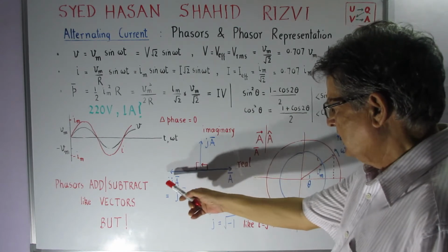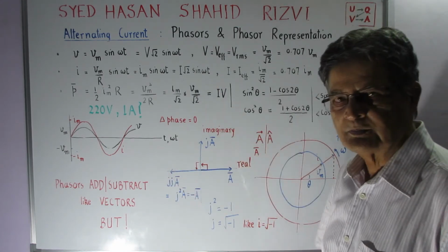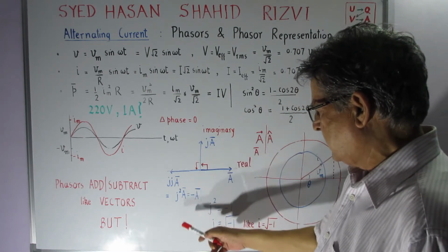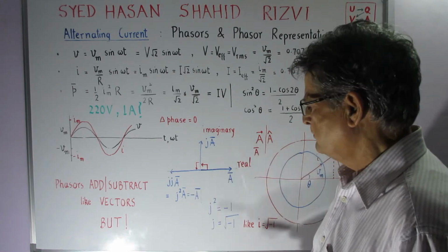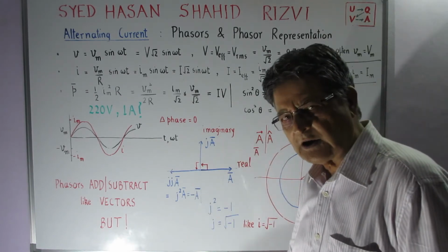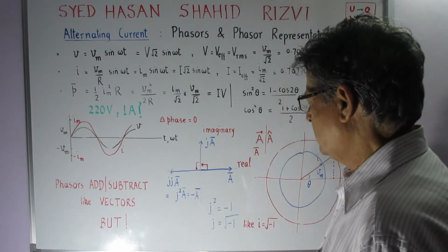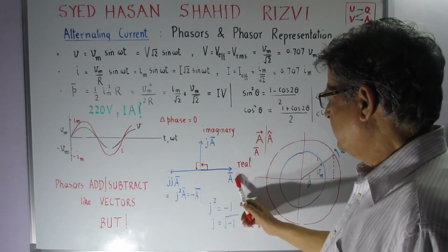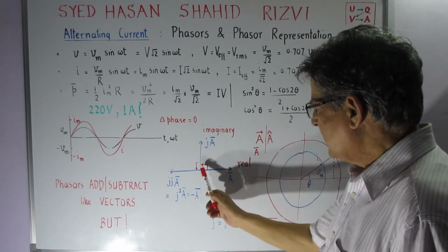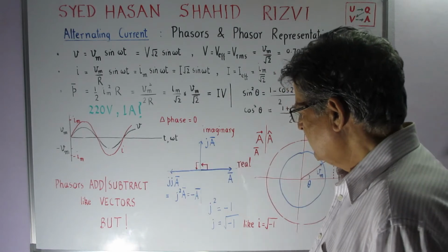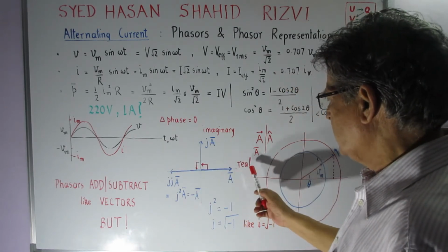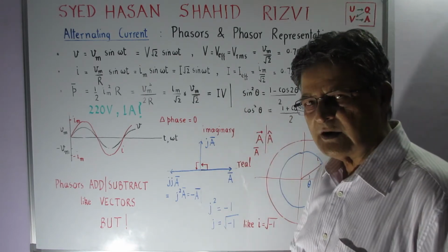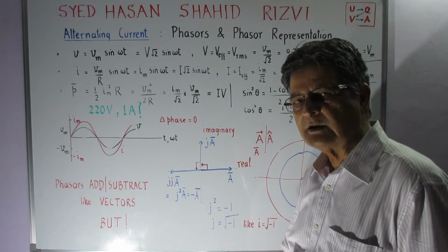So this double multiplier j, j A becomes equal to j square phasor A. Naturally you can find that the angle between this phasor and the other phasor in the minus x direction is 180 degrees or pi radians.